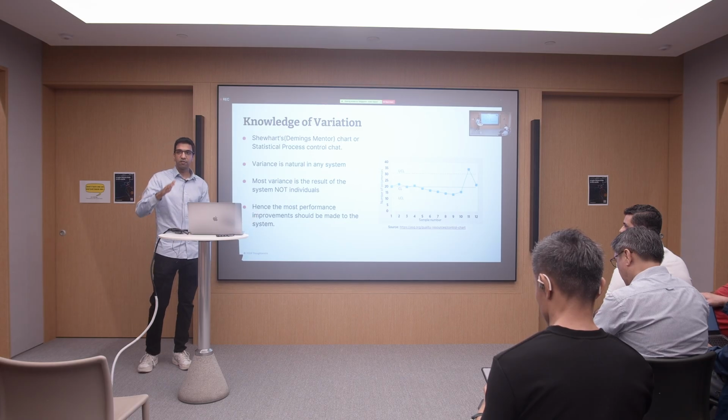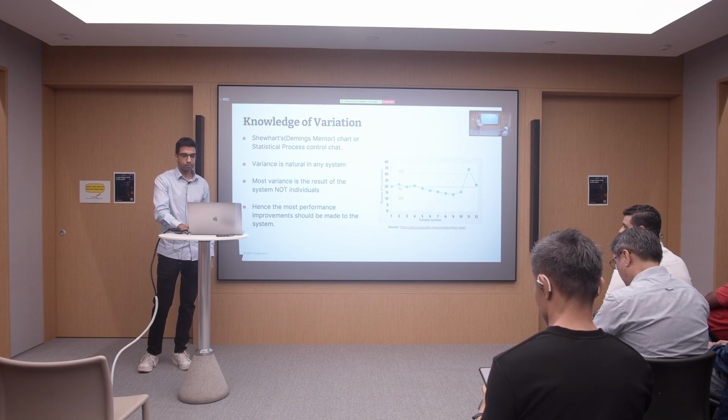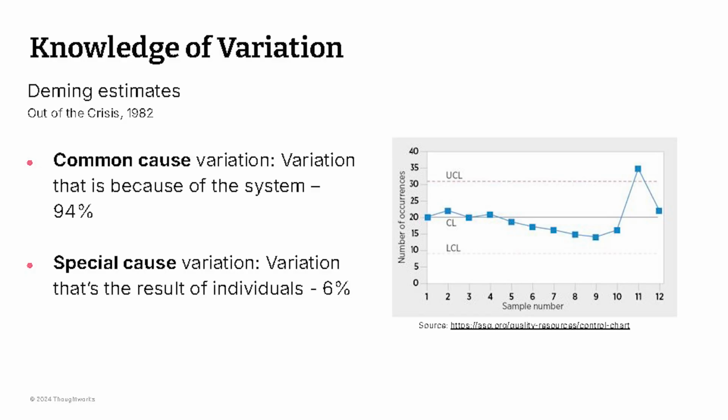So it stands to reason, if you want to minimize variation, we need to make improvements in the system, not in the individuals. Deming had an estimate of how much variation comes from systemic causes. He called it common cause variation, and he said it's about 94%. And special causes, which are idiosyncratic causes, one-off events, individual bad actors, are around 6%.